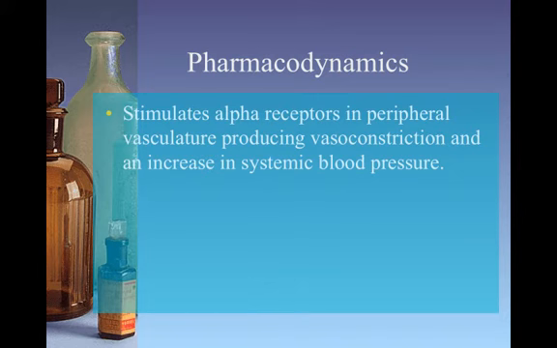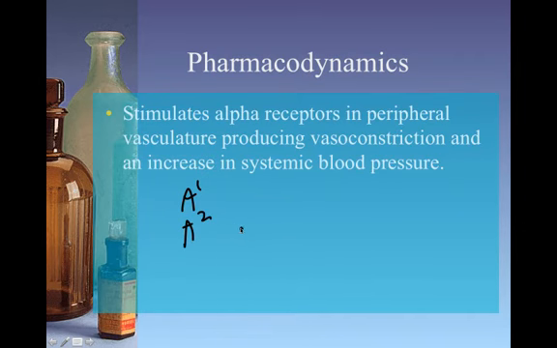In this section we need to talk about alpha receptors and beta receptors. Levophed stimulates alpha receptors in the peripheral vasculature, producing vasoconstriction and an increase in systemic blood pressure. Whenever we talk about alpha receptors, we have multiple types: alpha 1 and alpha 2.